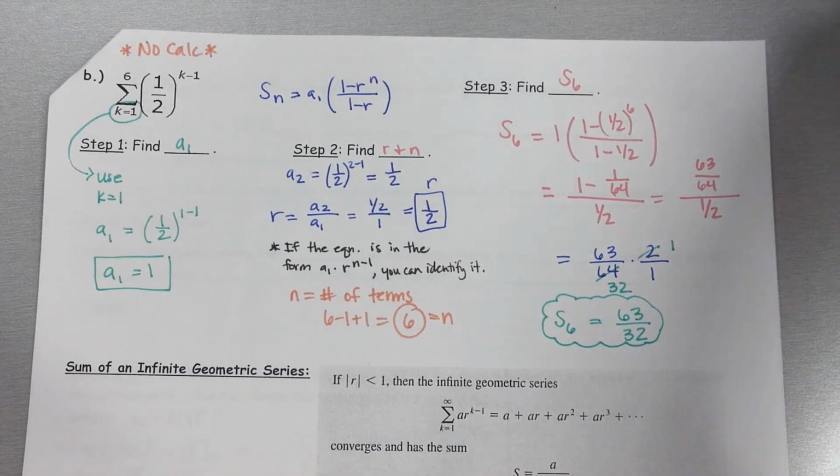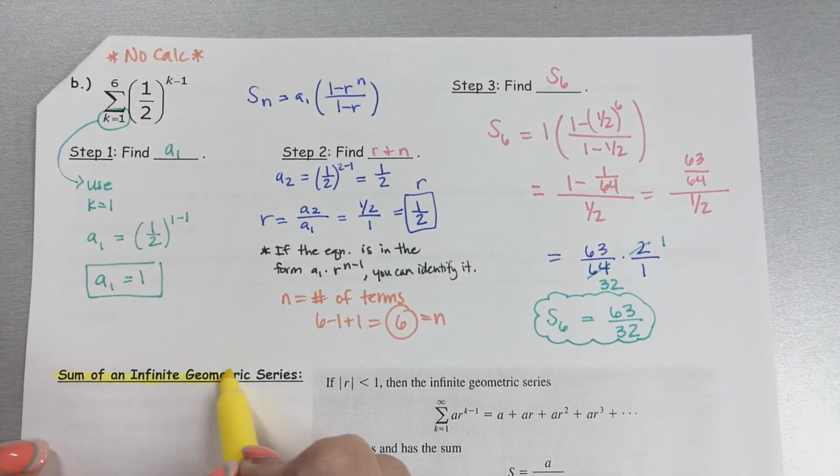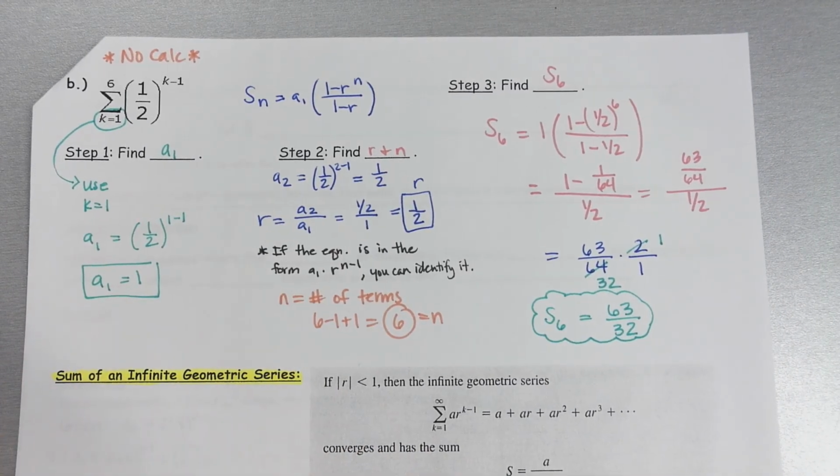Okay, and then the last thing we are going to learn today is how to find the sum of an infinite geometric series. So sometimes we can find the sum, other times we can't. It all depends on the ratio.